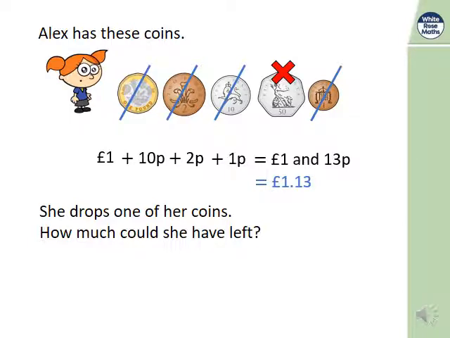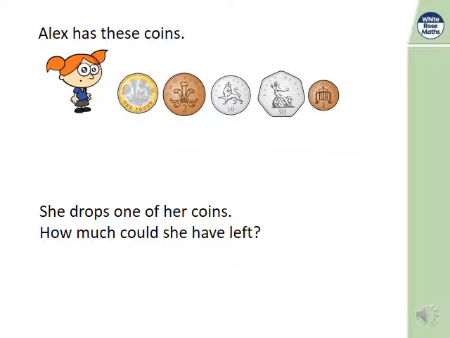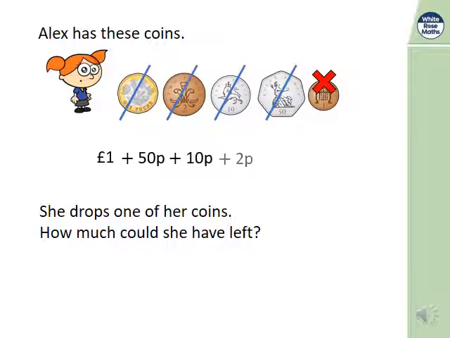And the last one, if she dropped the 1p coin, she'd have been left with £1, 50p, 10p and 2p, which means she would have had £1 and 62 pence, £1.62.